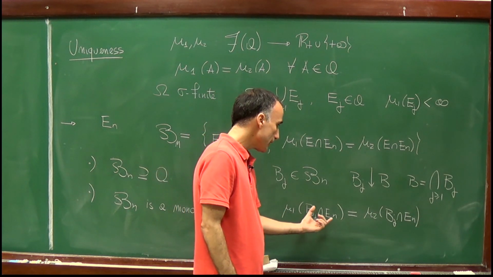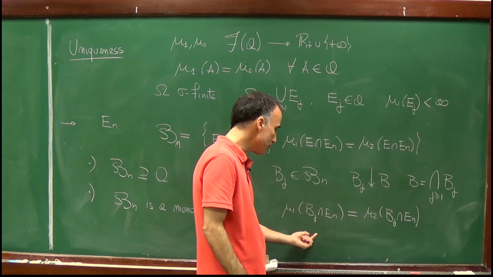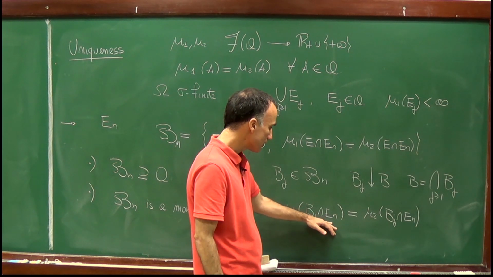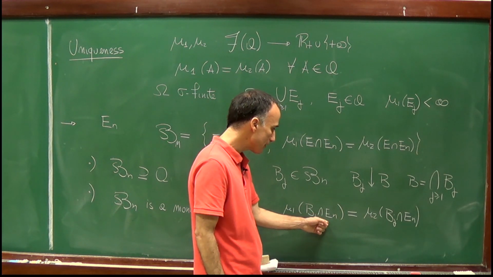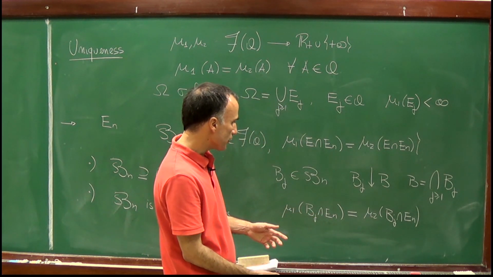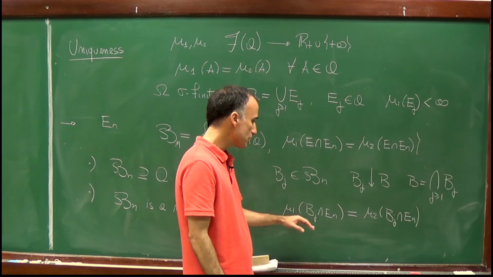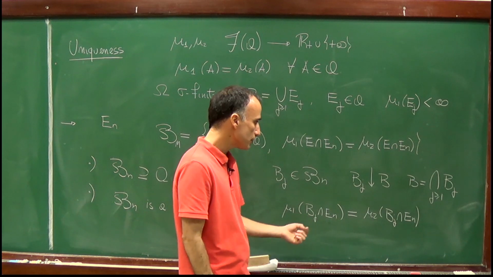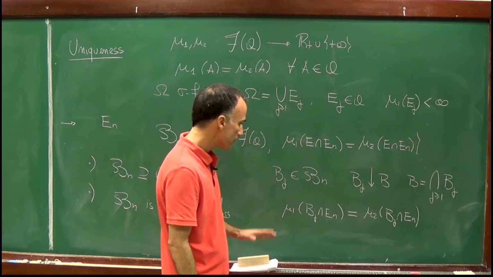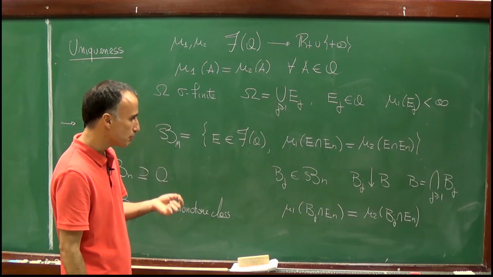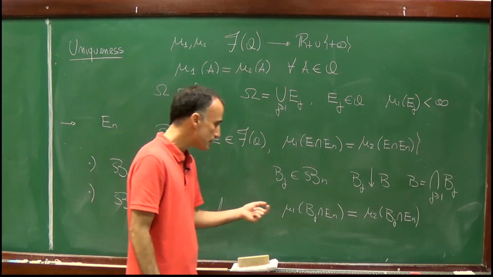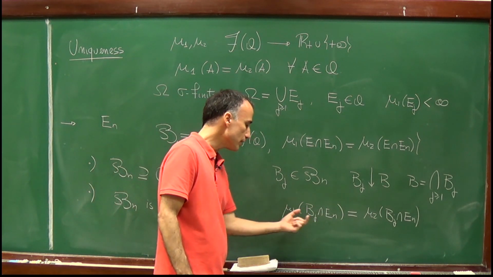So in order to pass to the limit, we need to guarantee that this sequence is finite starting at some point, so that there is an index j for which this expression is finite, and the same thing on the right. Right? Remember that continuity from above required the finiteness of the sequence.